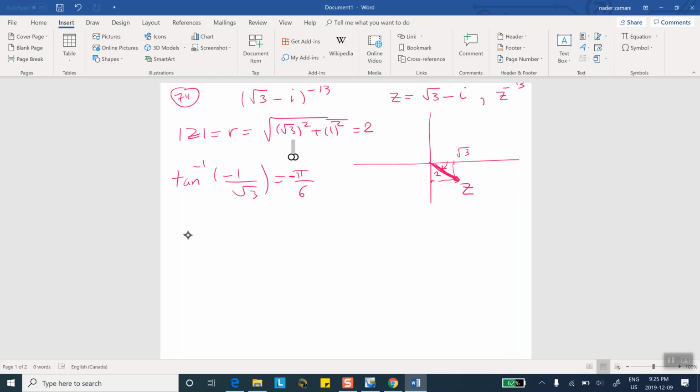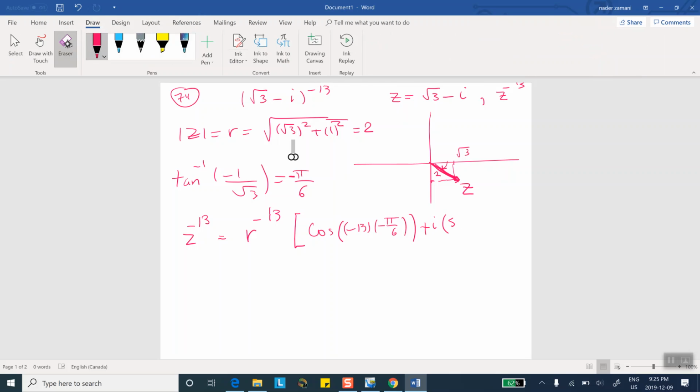So what do we have? We have z to the minus 13. That means r to the minus 13, and then cosine of minus 13 times minus pi over 6, plus i sine of minus 13 times minus pi over 6.